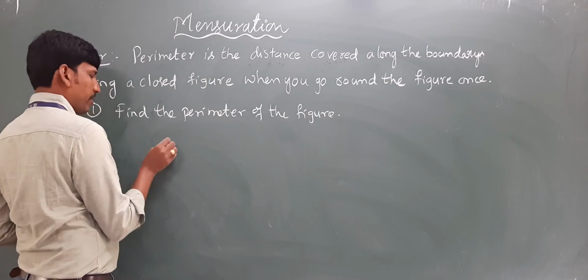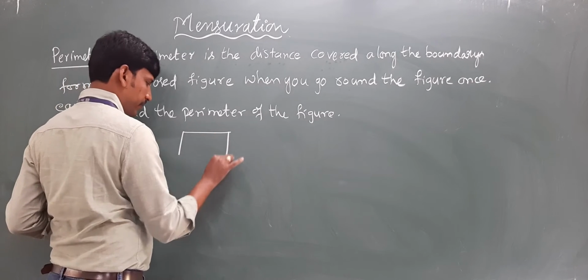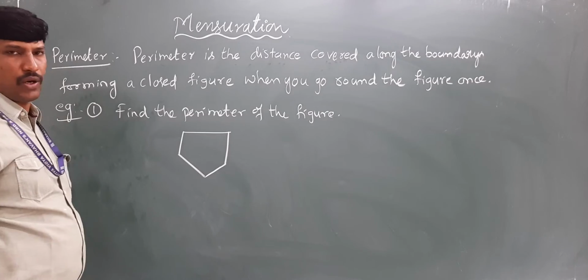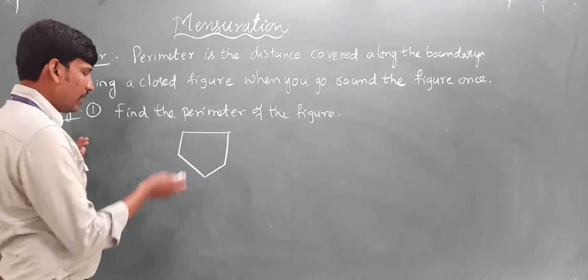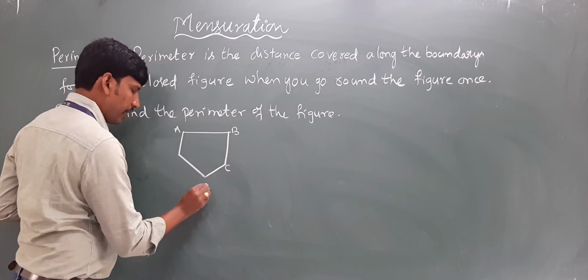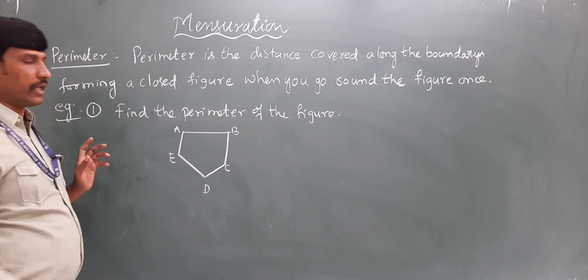Okay. Now see this here. I am giving a small figure. This is a small figure. This is a simple closed figure. Let us give some names: A, B, C, D, E. How many sides are there?